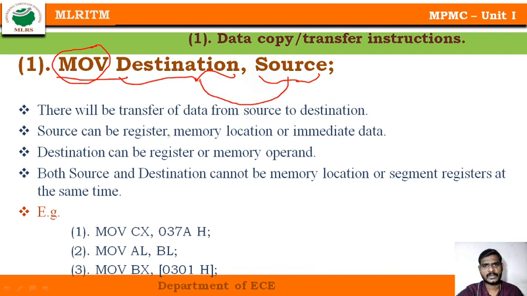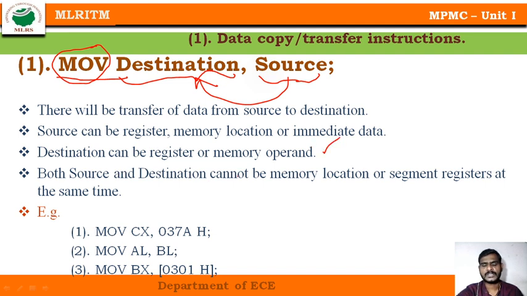The source can be a register, a memory location, or an immediate data. The destination again may be a register or a memory operand.